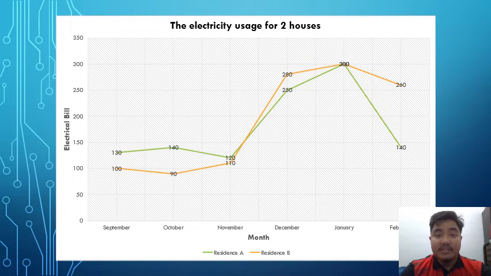And finally, the electrical bills dropped to 140 for resident A and 260 for resident B due to the fact that the number of people in the two residents decreased.